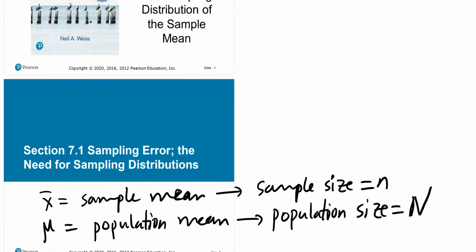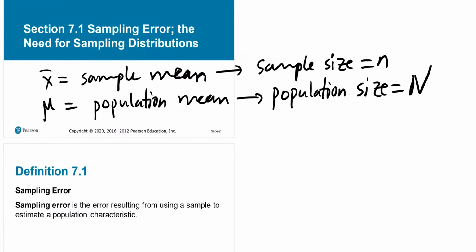Would that be a lot, small, or exactly the same? At the end we're going to see what happens to the sampling error as the sample size increases.